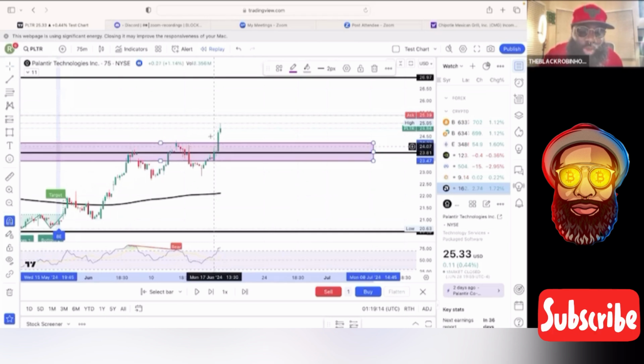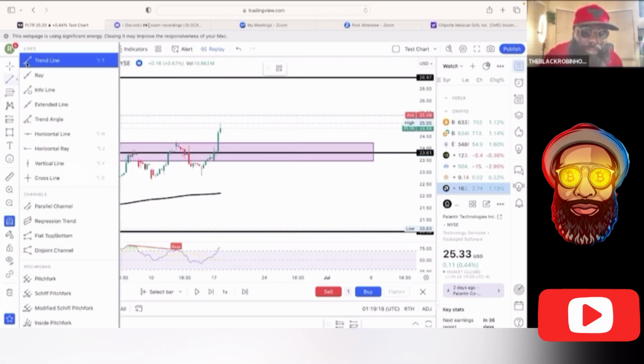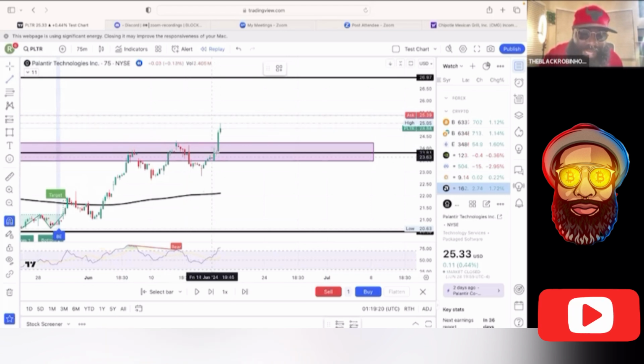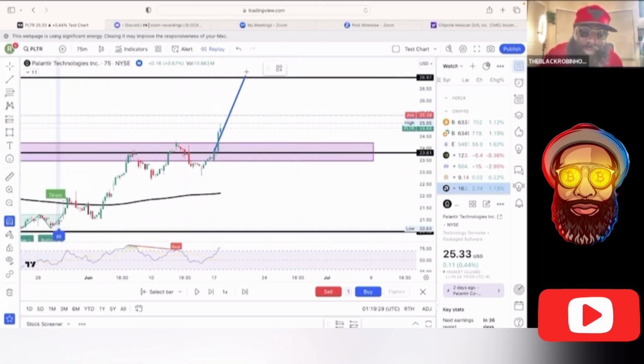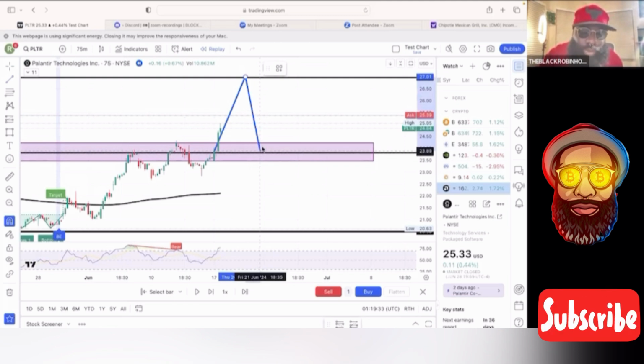So ideally, the best thing to do is to wait for a pullback, a correction. So you want the market to find the next resistance, and then you only want to buy when it comes back down here. That is the way you trade.